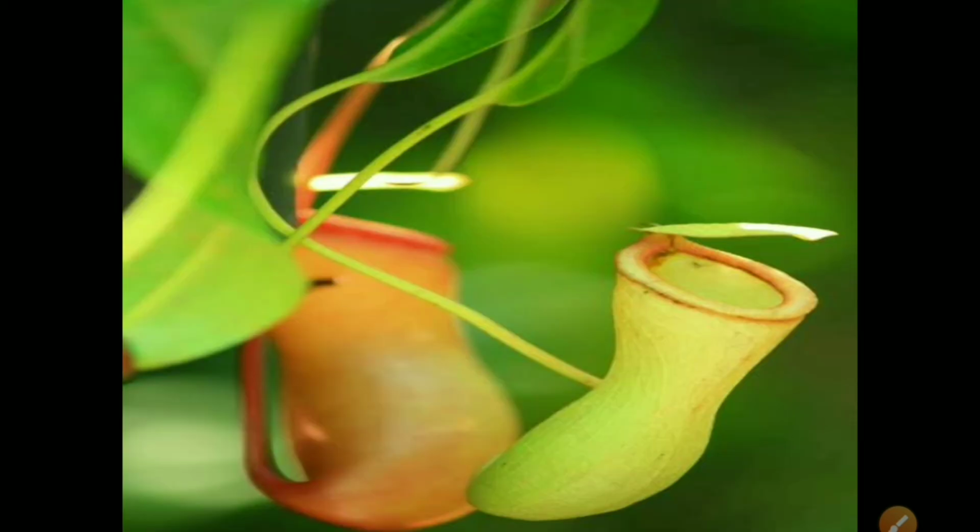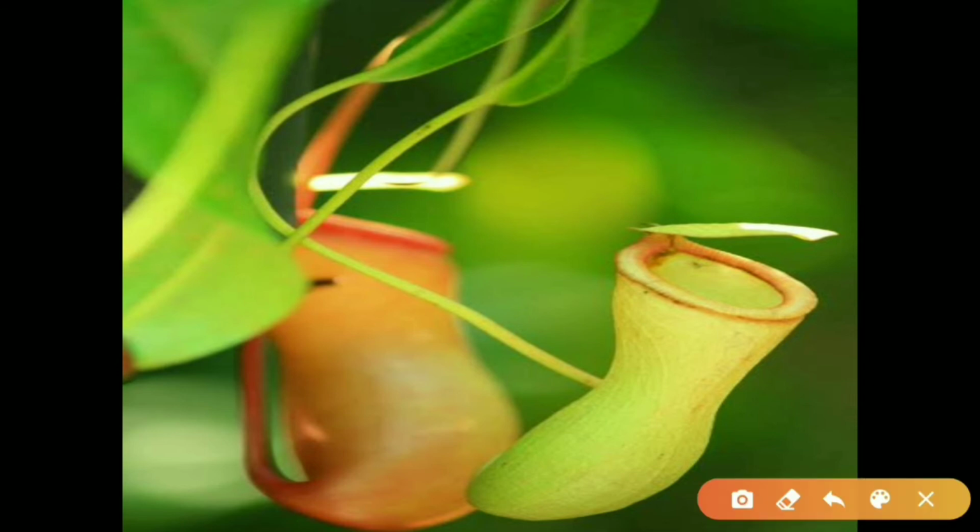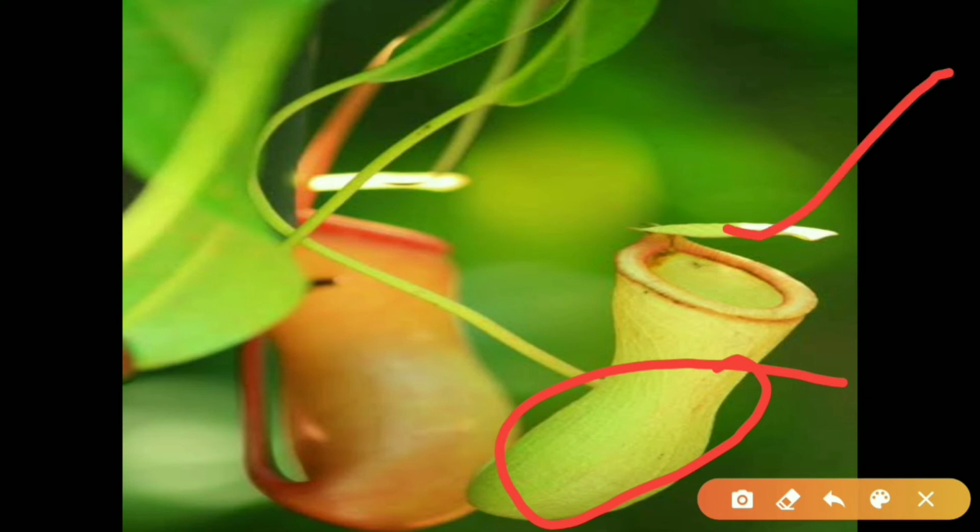So this is a pitcher plant here. In this pitcher plant, you can see a jug-like or pitcher-like structure. This pitcher-like structure is a modified part of the leaf. And the leaf apex forms a lid of the pitcher plant which opens and closes the mouth of the pitcher.